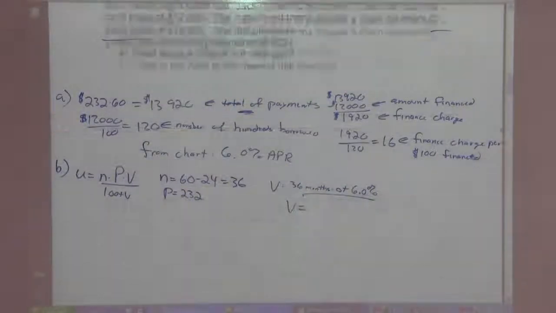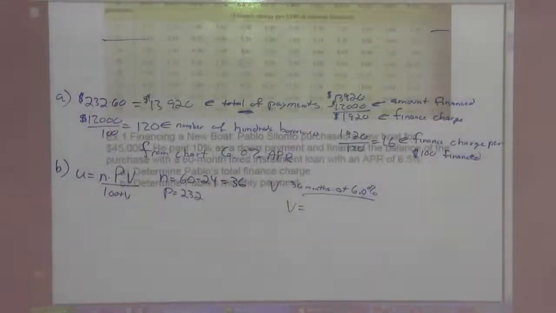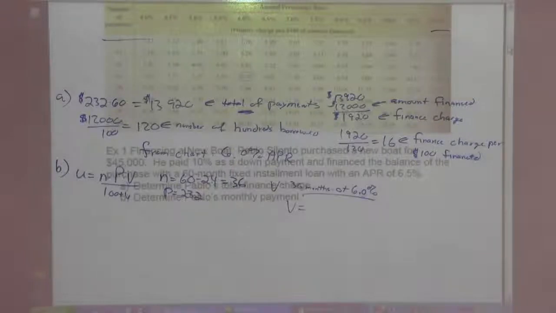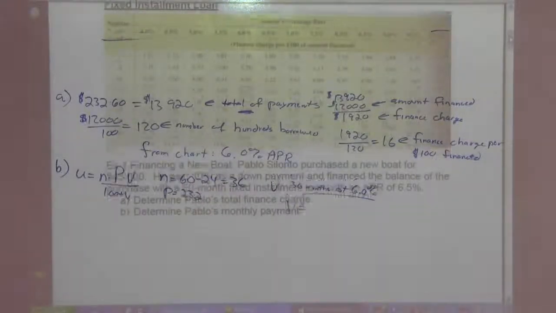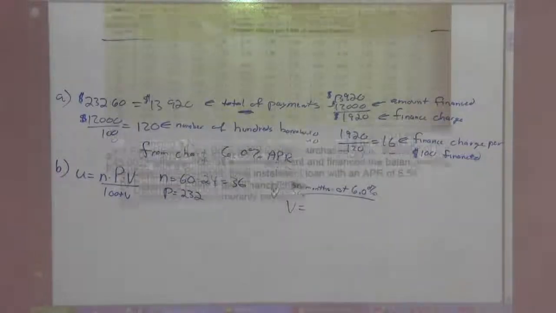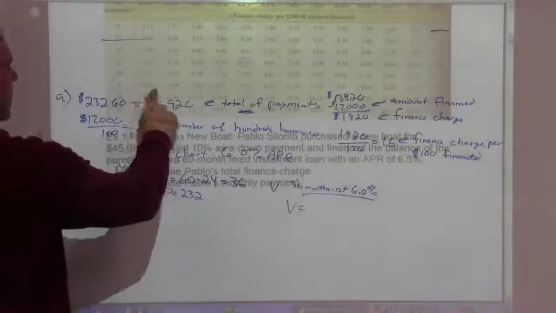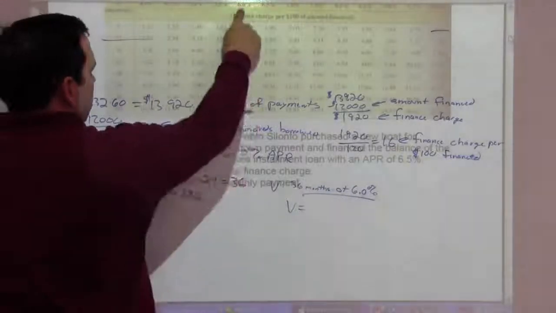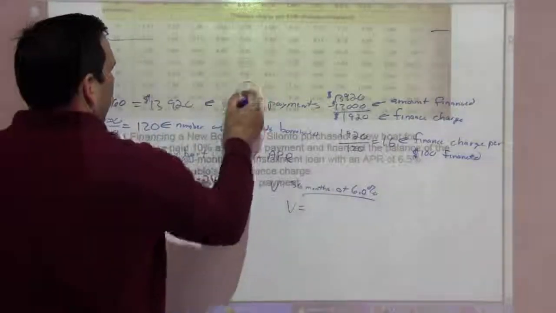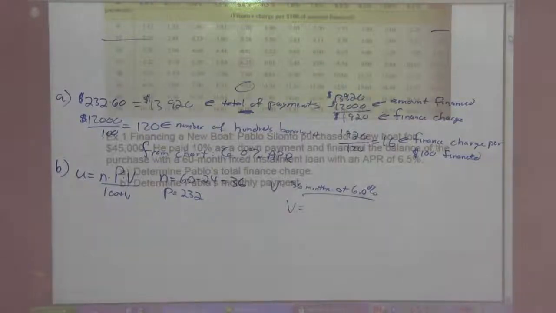It's not 60 months anymore, it's 36 months. That was a mistake on my part. Okay, it was 36 months that are left now at 6%, so it's 9.52. That's the number I should have gone with.